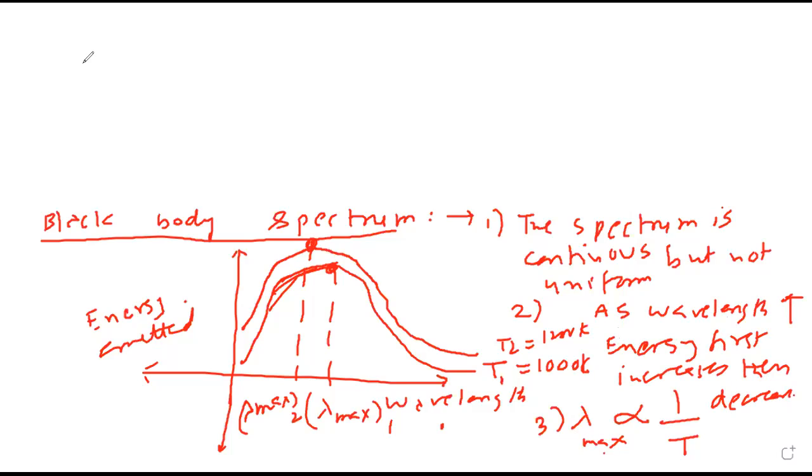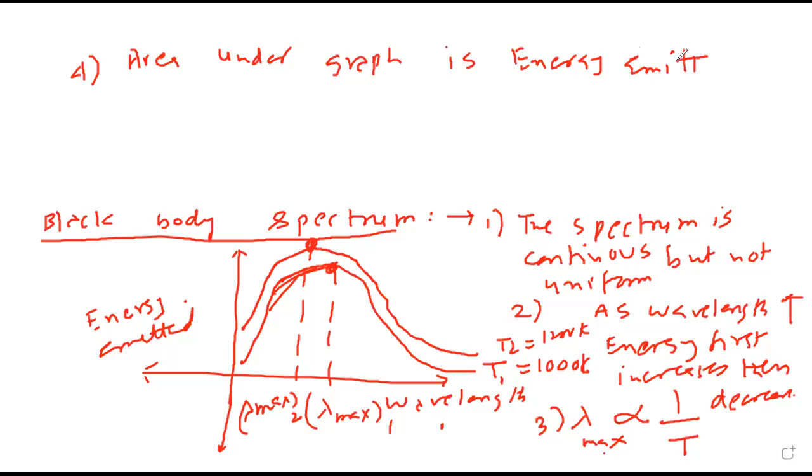Lambda maximum is proportional to 1 by T. Area under graph is energy emitted. Done, sir.